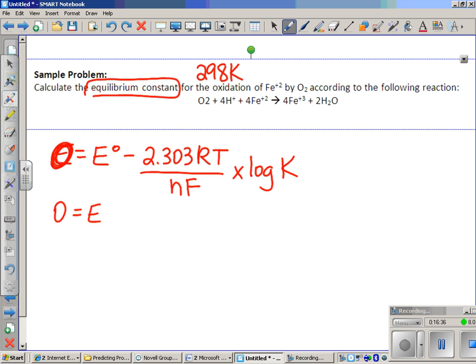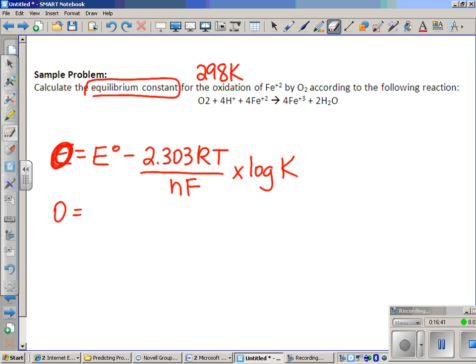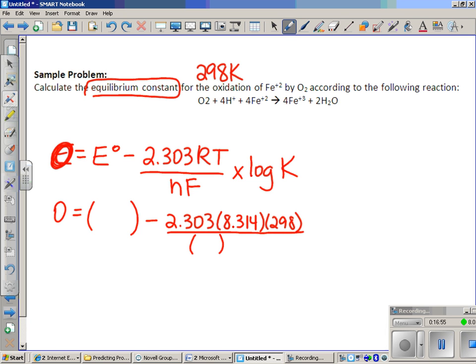Ooh, we don't know the cell potential, so we're going to have to figure that out. I thought it was given, but no worries, I can come up with that. So we need the standard cell potential. We have the 2.303, we know R. We know T. We don't know n yet. We know F. And we are solving for K. That is our variable that we're going to solve for.